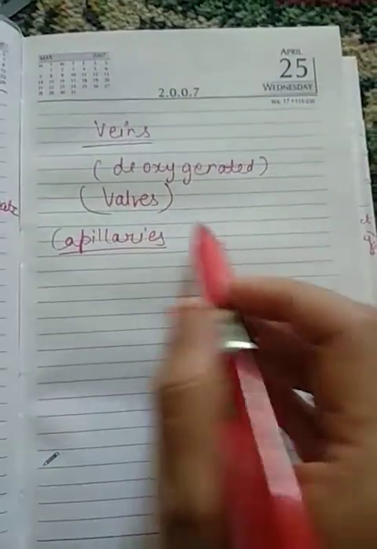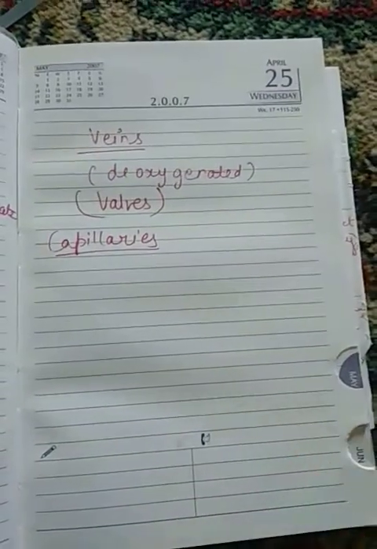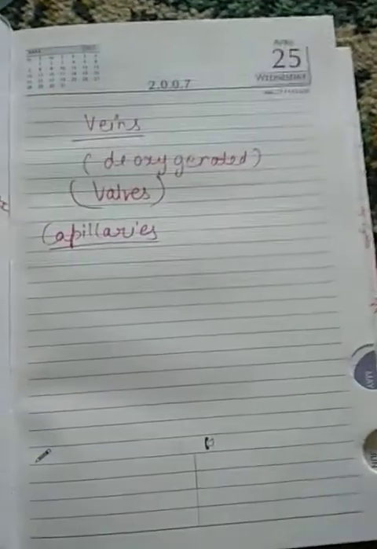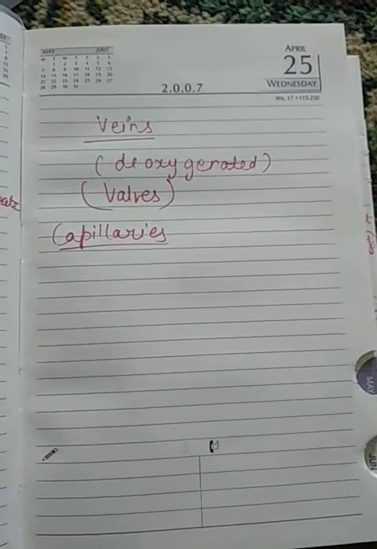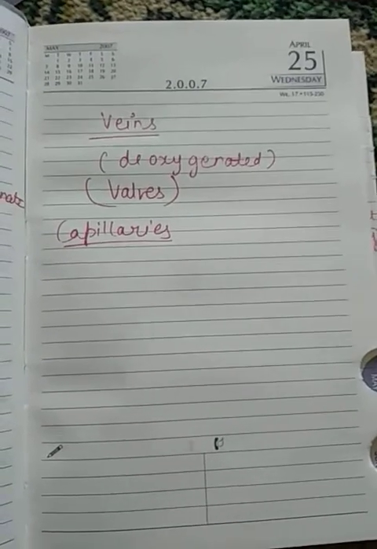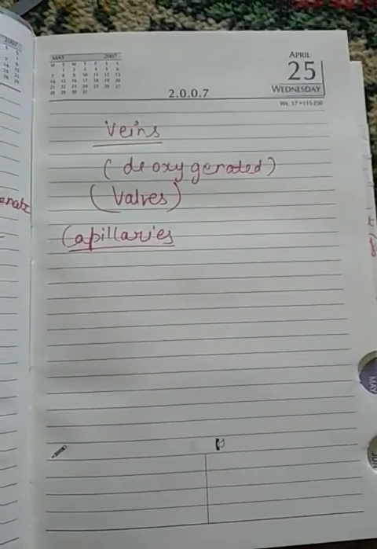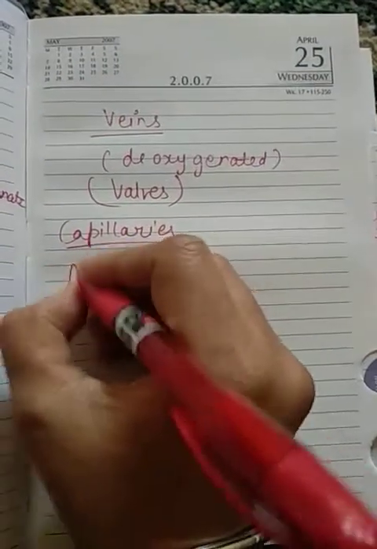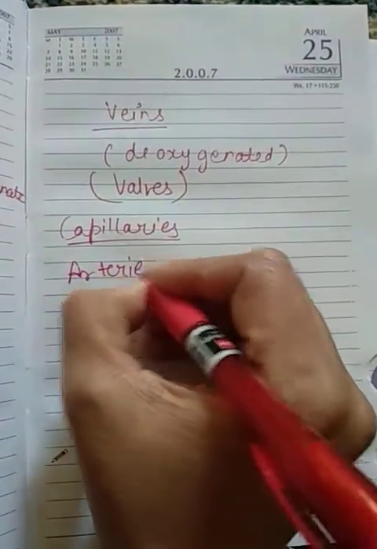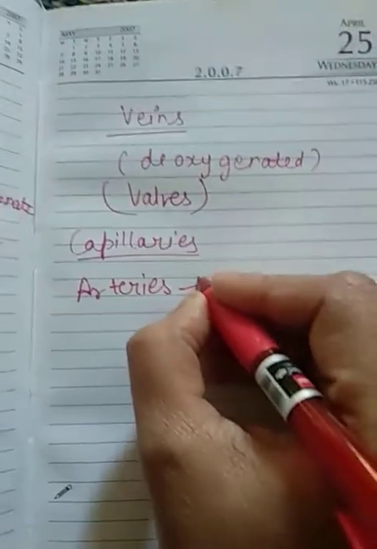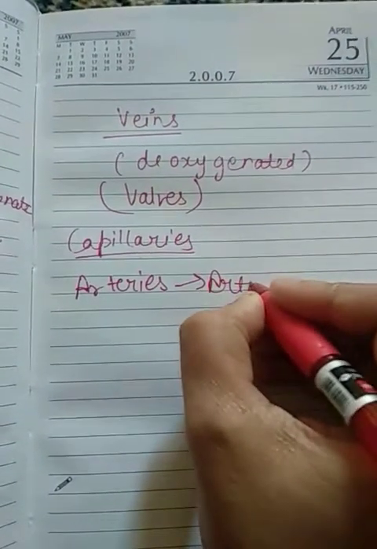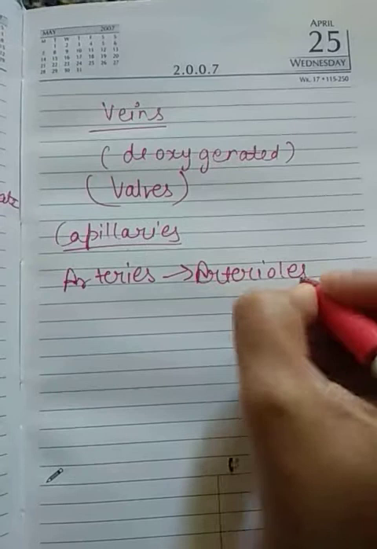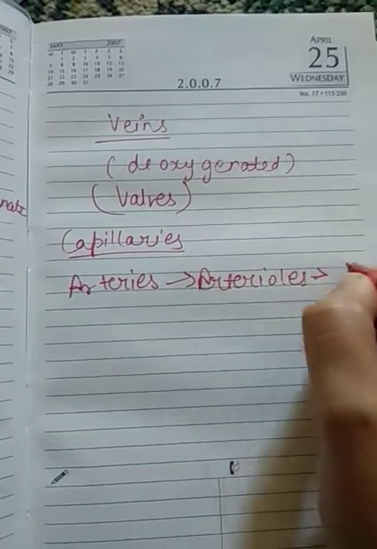This is not in your course; I am just giving you a little bit of information about this. So the arteries and veins are linked to each other in some way, and this is how it is. You see that arteries branch out to form arterioles, and the branches become even thinner tubes called capillaries.